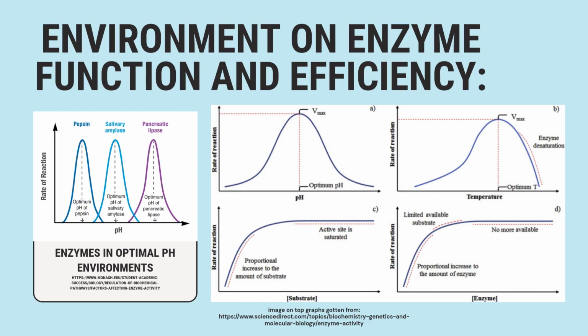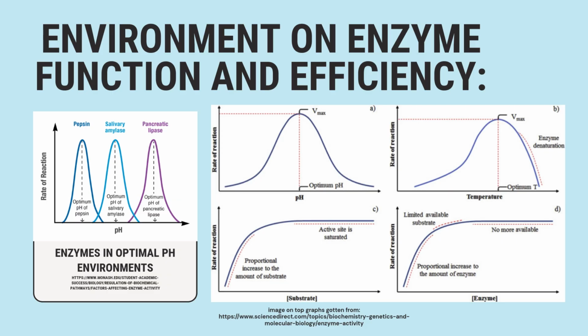In the second graph we see temperature, because not only pH levels affect enzyme function, structure and efficiency, basically rate of reactions, but temperatures also have an important role in affecting enzymes and their functions in different environments. So here we see that after the enzyme goes farther away from its optimal temperature, the enzyme starts to denature. And we'll learn more about enzyme denaturation in a further slide within the slideshow.